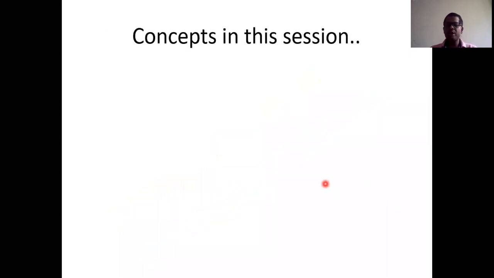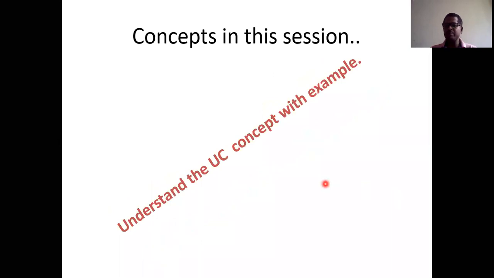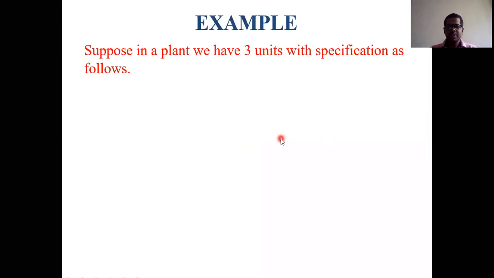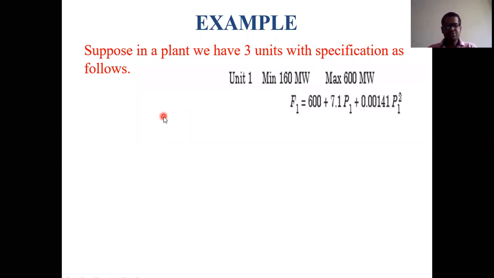Now in this session, we will try to understand more and more what is meant by unit commitment by taking a simple example. Suppose in your plant, we have 3 units with the following specifications.